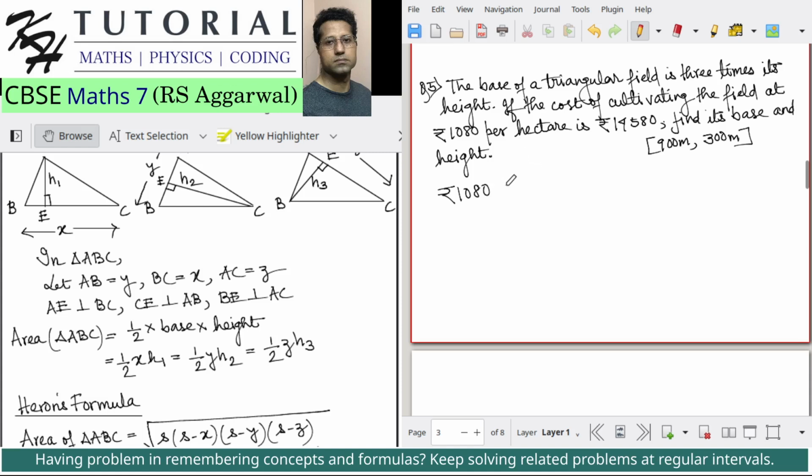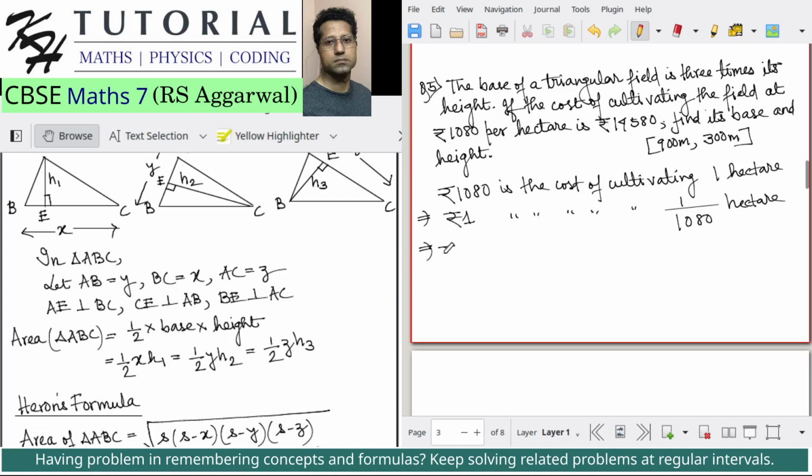So rupees 1080 is the cost of cultivating 1 hectare. This implies rupees 1 is the cost of cultivating 1 by 1080 hectare.